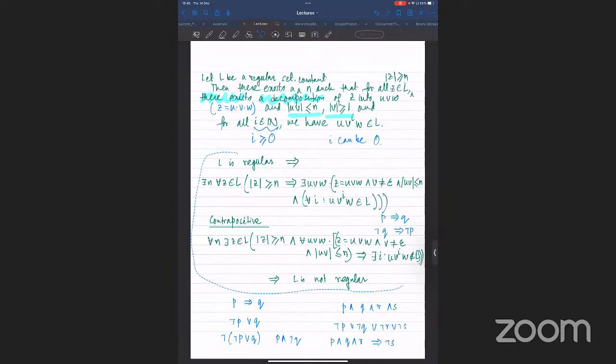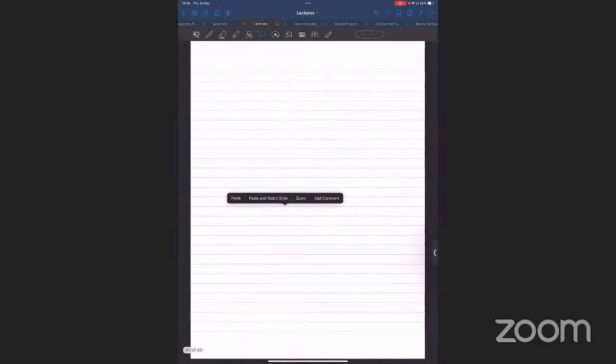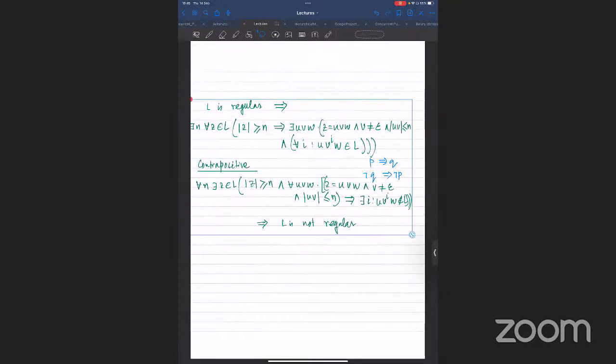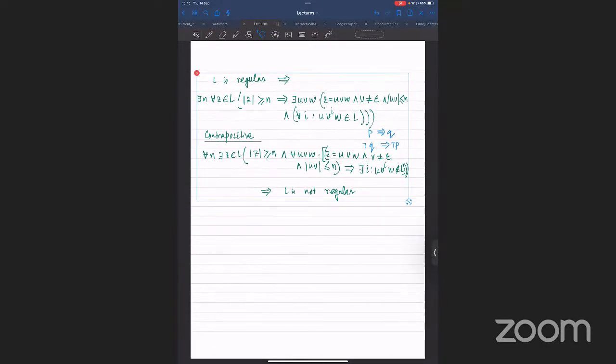So let me copy this. Right? So I'm spending a bit more time, but I think it's very important to understand these details.